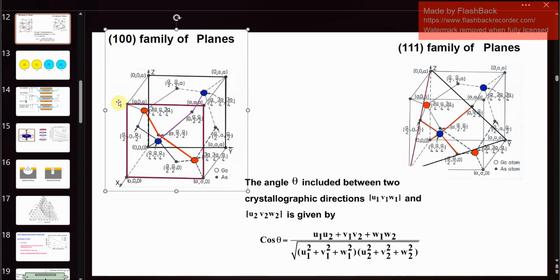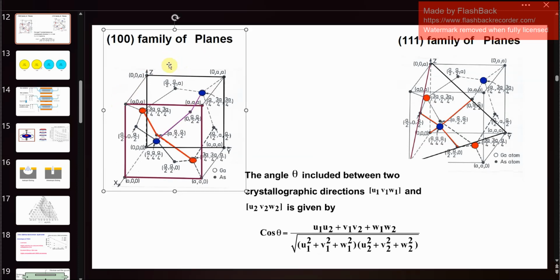Again, here, since you are not traveling in the y direction, you are only traveling in the x and z directions, so 1 0 1. In this way you get how the coordinate for a particular point is given. Now let's come to the family of planes. I hope you understood how the points are numbered.